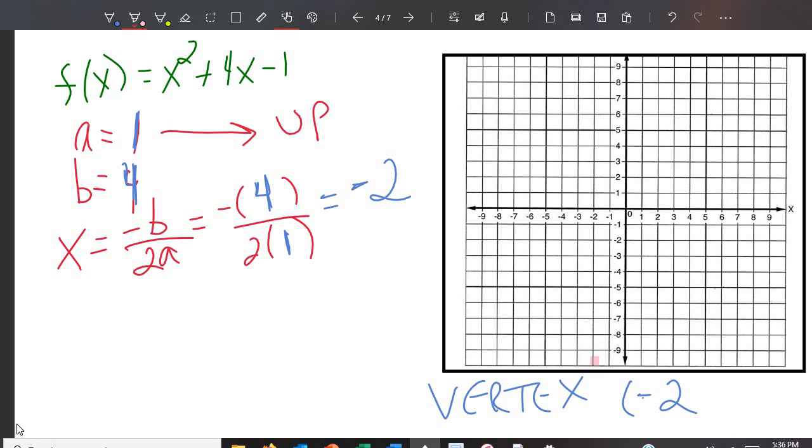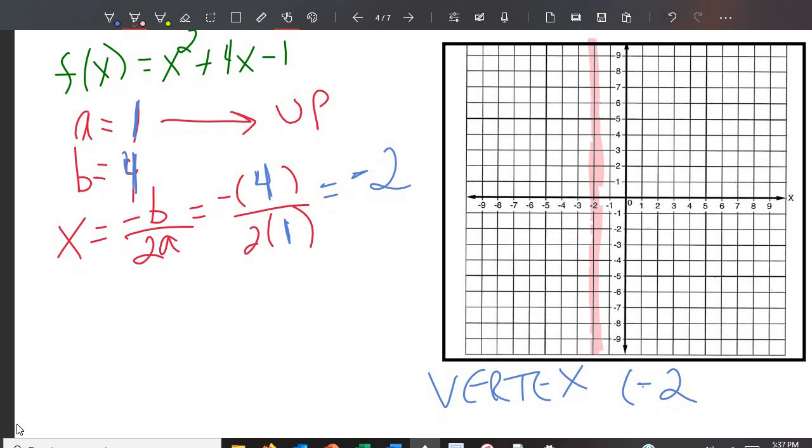I'm going to highlight the line of symmetry in pink. Alright, well, I don't like that. Hold on, let's change that. Let's back that up a hair.